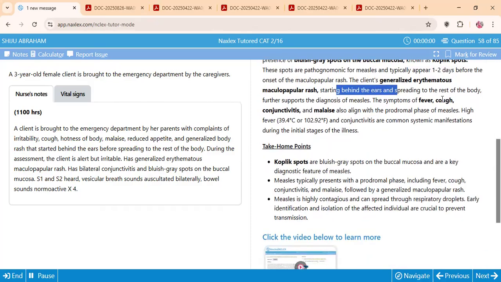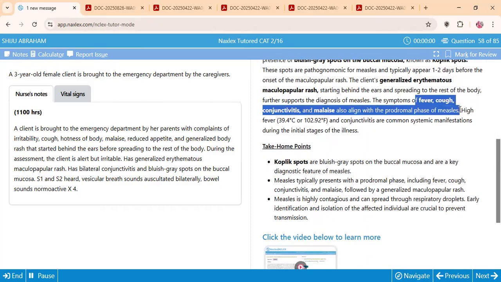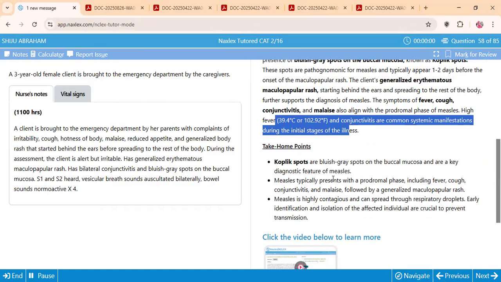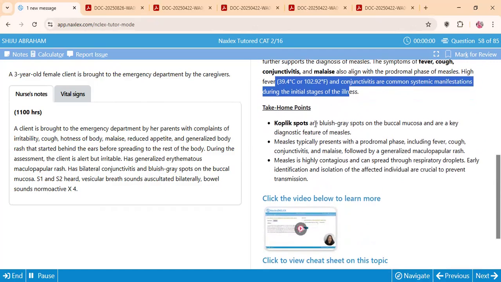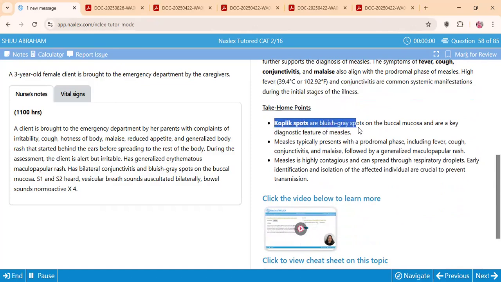The child has fever, cough, conjunctivitis, malaise, and an elevated body temperature of 39.4. The significant symptom which differentiates it from rubella and varicella is the Koplik spot, the spots on the buccal mucosa. That is the key diagnostic feature of measles.